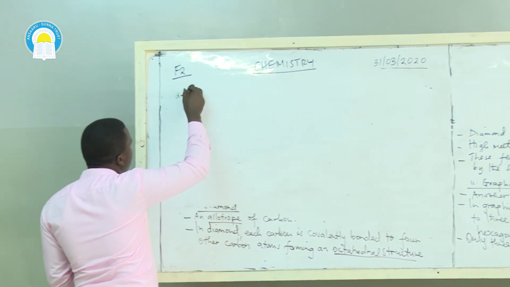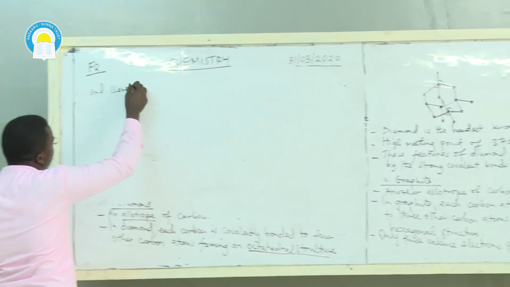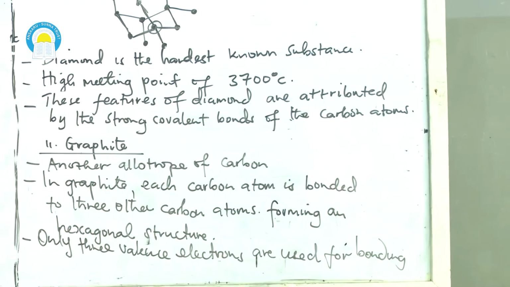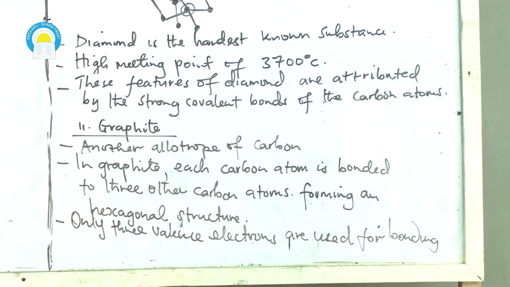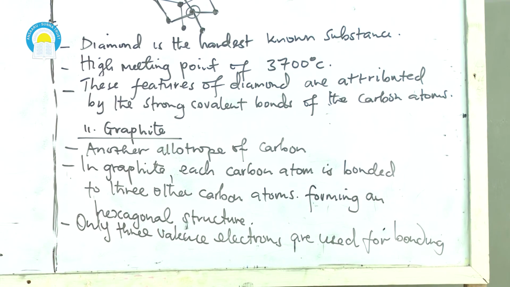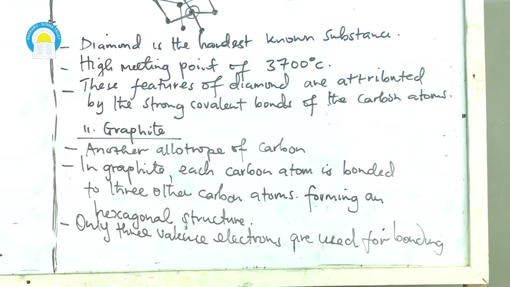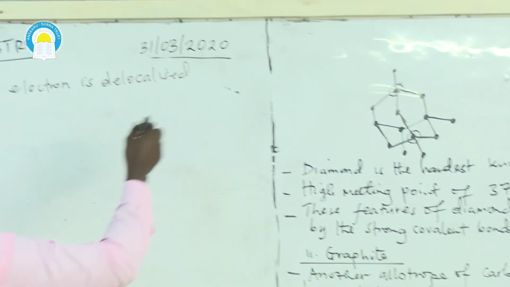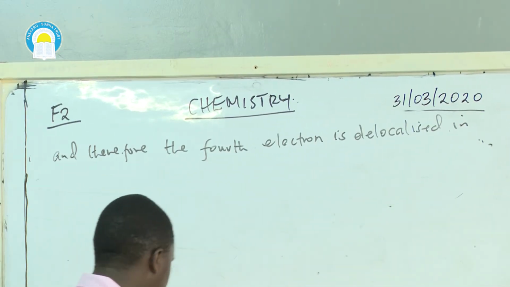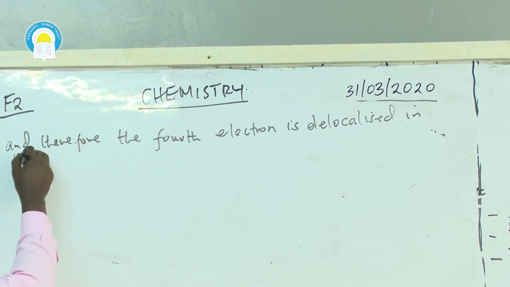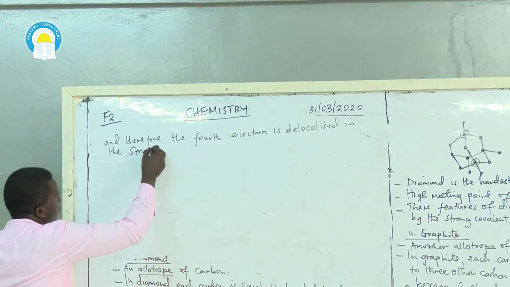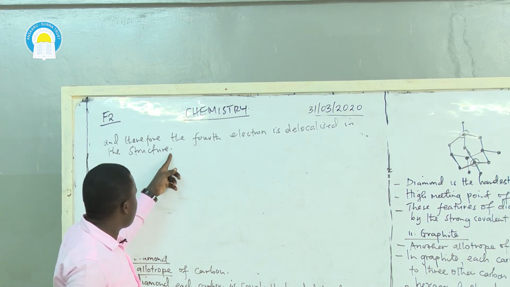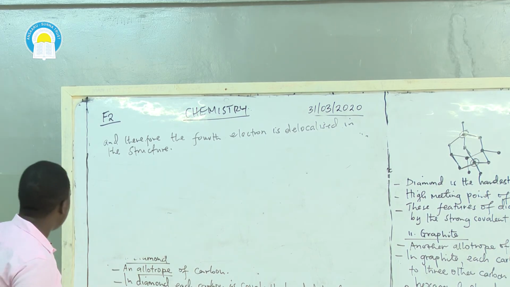And therefore, the 4th electron is delocalized in the structure. So this 4th electron is what now conducts.